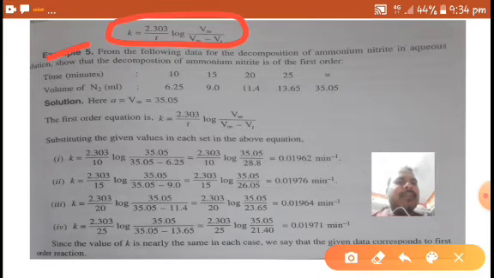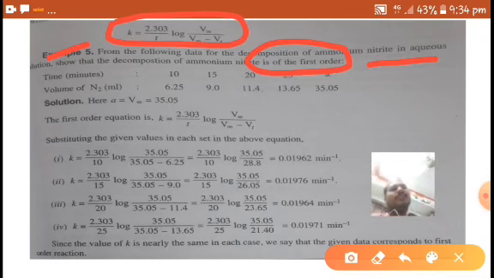From the following data, for the decomposition of ammonium nitrate in aqueous solution, show that the decomposition of ammonium nitrate is of the first order. To show that it is of first order, we have to substitute all these values in the first order rate constant equation, and if all k values are equal or nearly same, then this reaction is first order reaction.